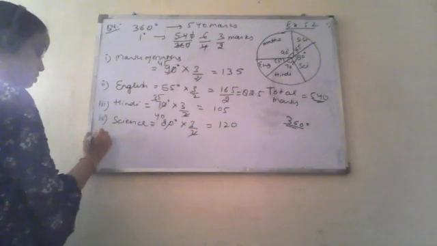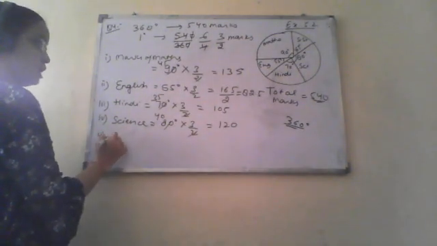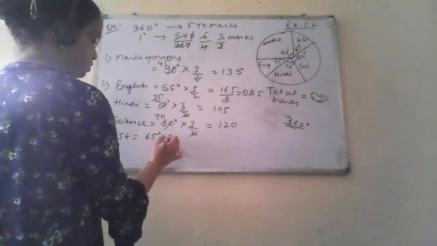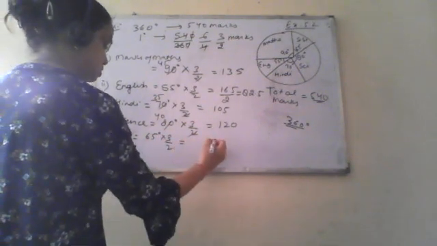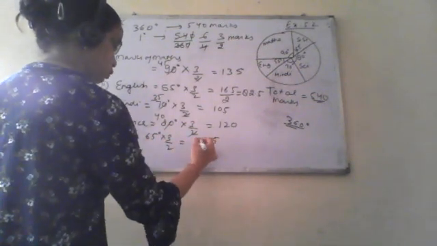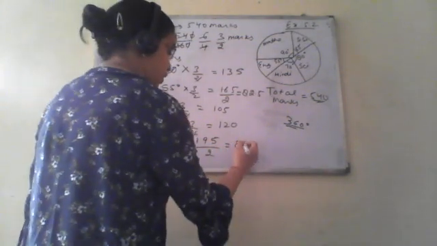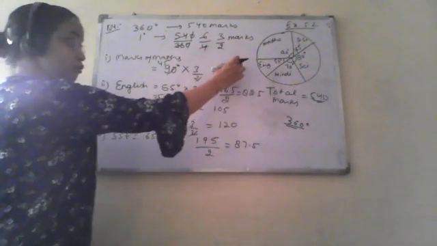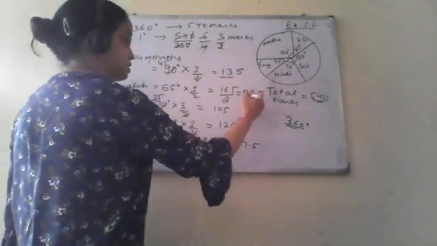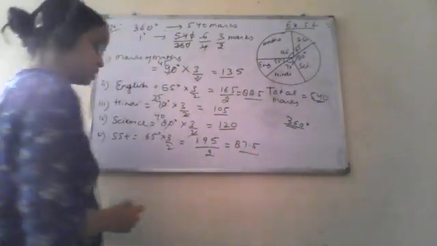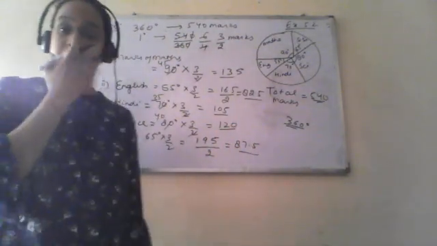And last it is SST. It was 65 degree into 3 by 2. This is 195 by 2. It comes out to be 97.5. Now if you add these marks like maths, English, Hindi, science and SST, the total will come out to 540.